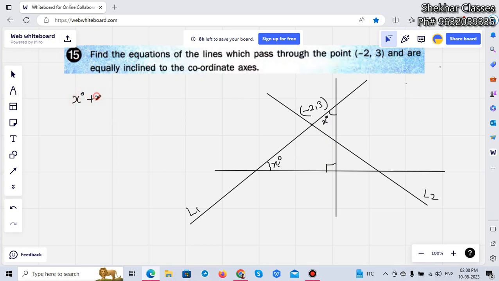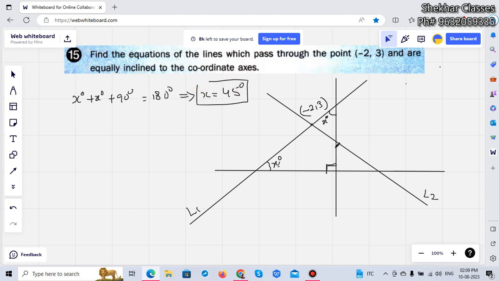Am I right? In the triangle, because it forms one triangle here, by the angle sum property, this angle plus this angle plus this angle should be equal to 180 degree, and then we get x as 45 degree.